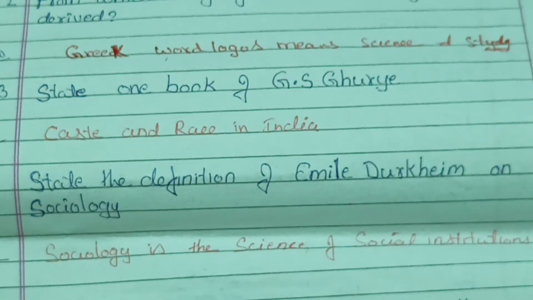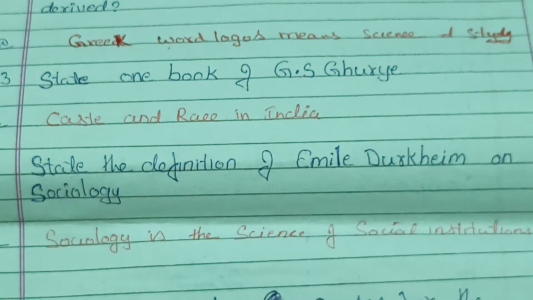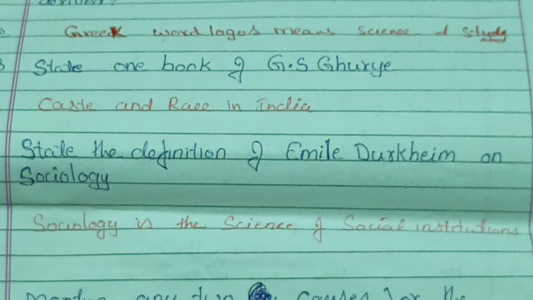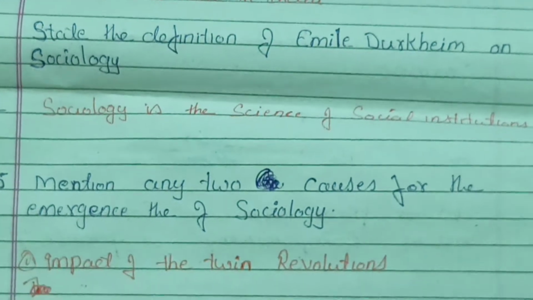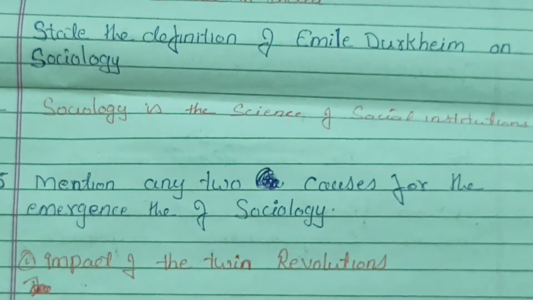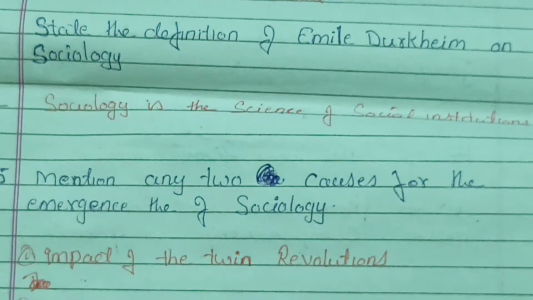State the definition of Emile Durkheim on sociology. The definition according to Emile Durkheim, sociology is the science of social institutions. The next question is mention any two causes for the emergence of sociology.